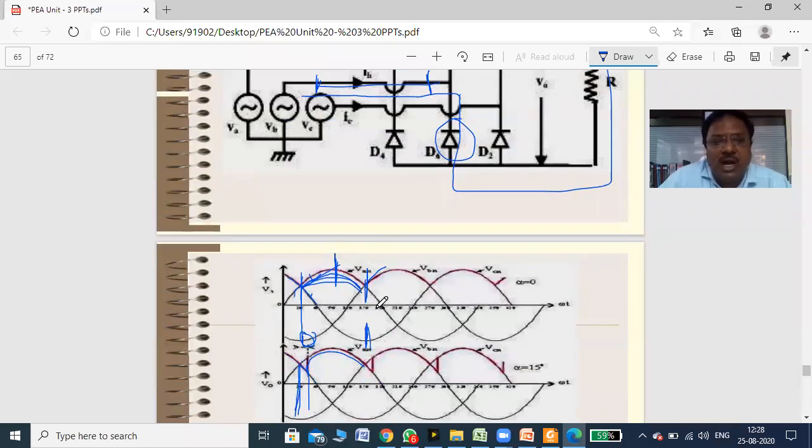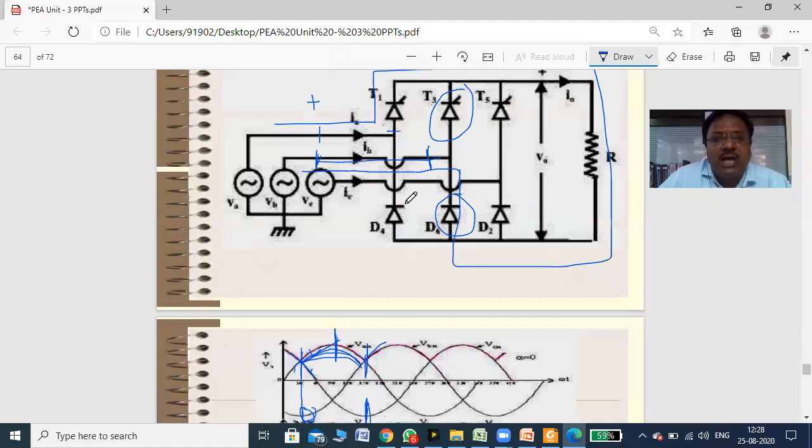At the same time, diode D2 is also conducting, because phase C is connected to diode D2. So thyristor T3 and diode D2 conduct. Current starts to flow from B, T3, R, back through D2 and then phase C.